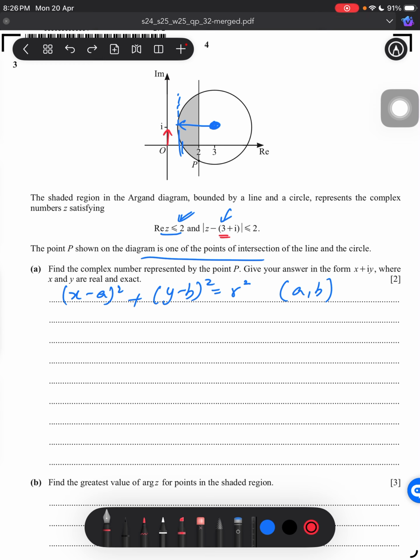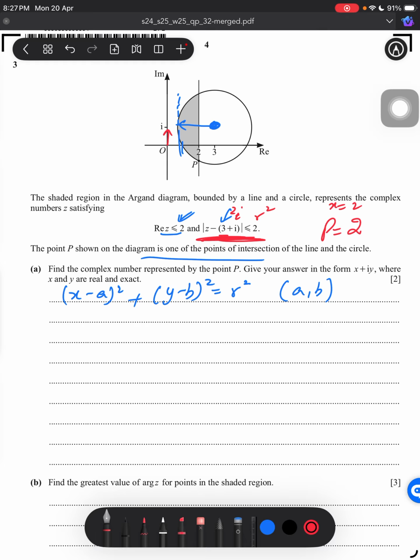At point P, we already have x as 2. The y was not mentioned, but we can rewrite this equation like this: this is r squared, this 3 can be considered as a, and for the single i, if there were 2i we would say b is 2, but the coefficient of i is nothing, so we take it as 1.